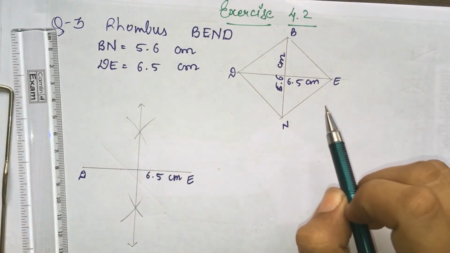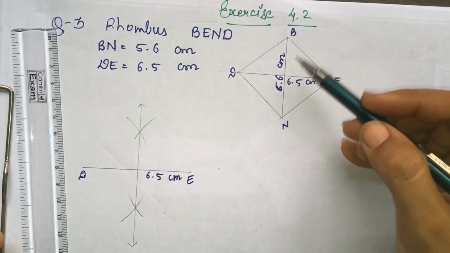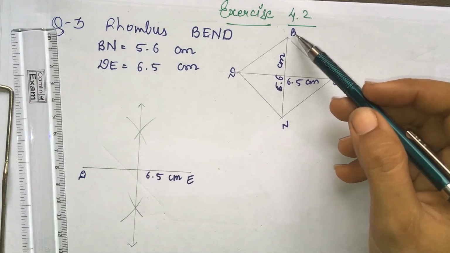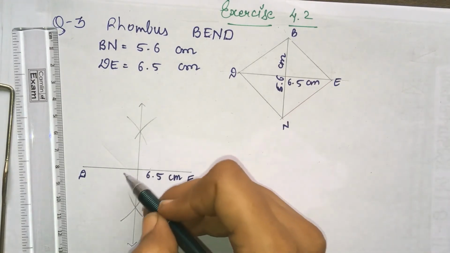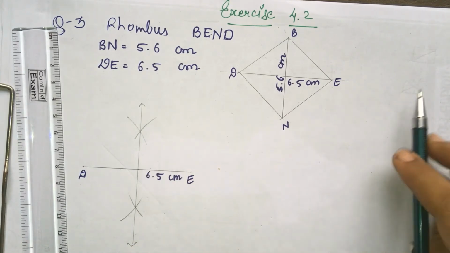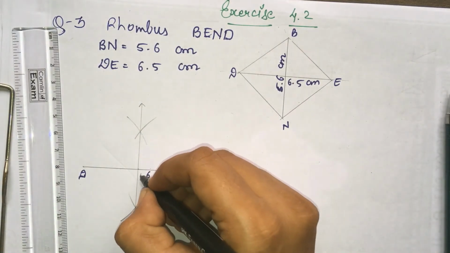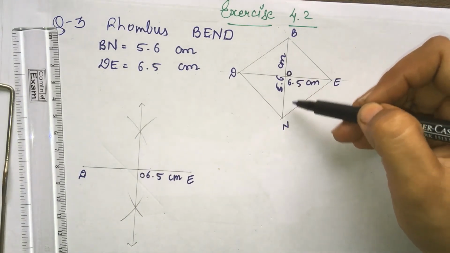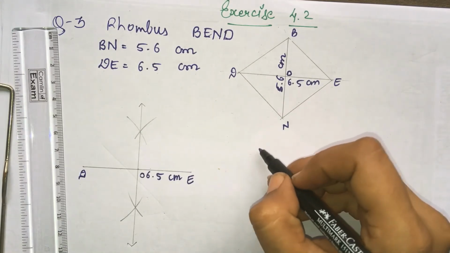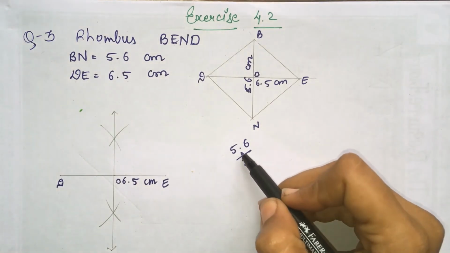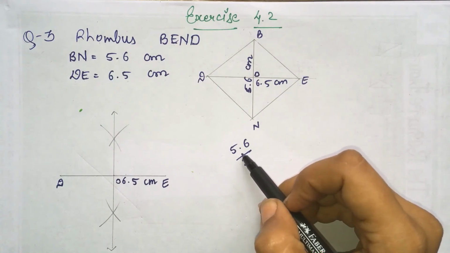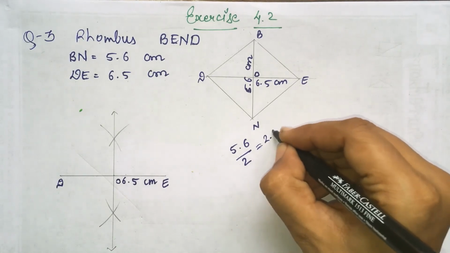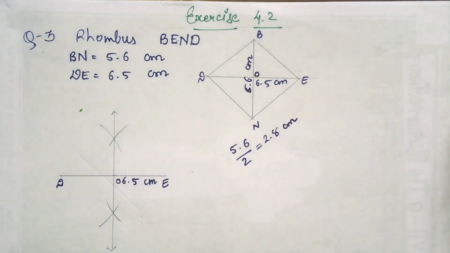Now we have to draw 5.6 centimeter and as I said the diagonals are bisectors also. So this point of intersection, suppose if we name it as O, then this BO will be half of 5.6. So half of 5.6 is equal to 5.6 upon 2 is equal to 2.8 centimeter.